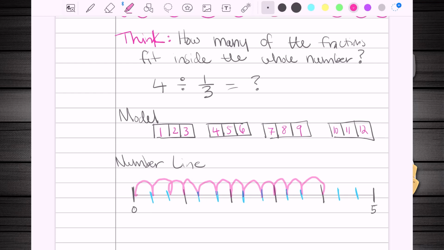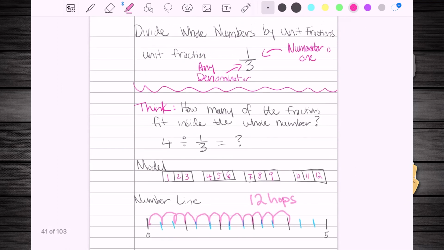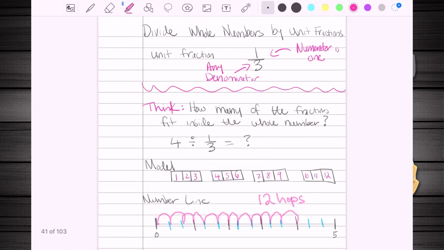That took 12 hops. 12 jumps. Just like in my model, there are 12 1/3s inside 4. So let's go ahead and look at the standard algorithm.